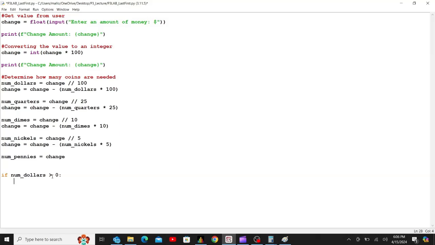Inside of that if statement, we're going to have another if statement. And we're going to say if num dollars is equal to 1, then we're going to print our actual variable, num dollars, that holds the amount.